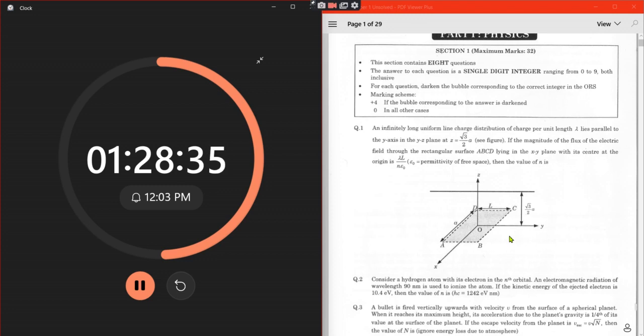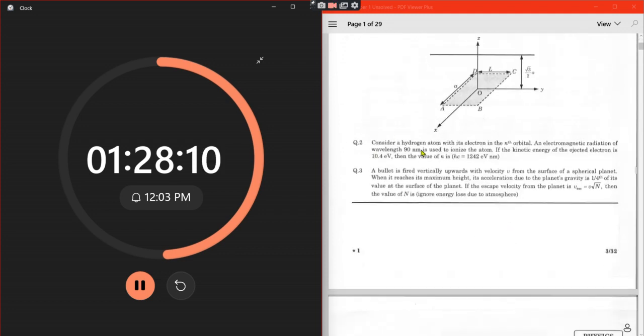This is 60 degree and out of the complete angle this is 360 degree, right. I guess that makes sense. Just 1/6 of the total flux, so 1/6 of q which is lambda times L upon epsilon naught. Yeah, that looks about right. So n is just 6. Okay, first answer 6. Next question, second.